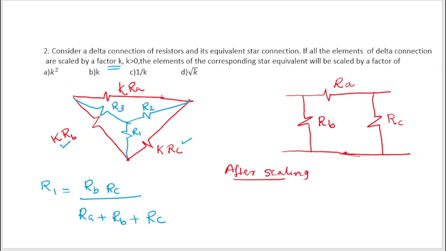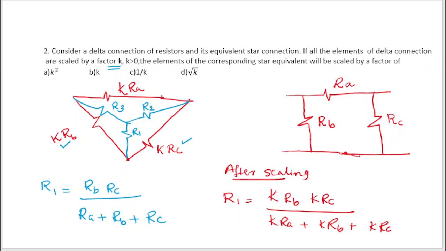R1 will be kRB into kRC divided by kRA plus kRB plus kRC, because all the elements are scaled by k.